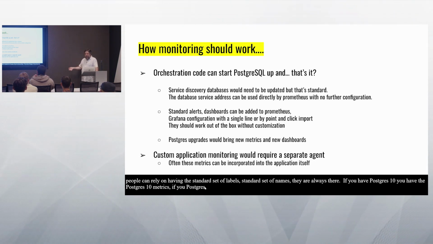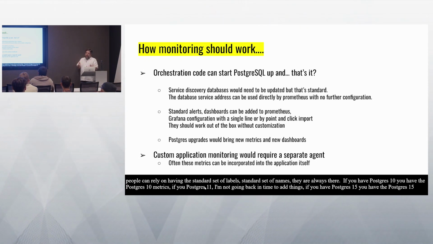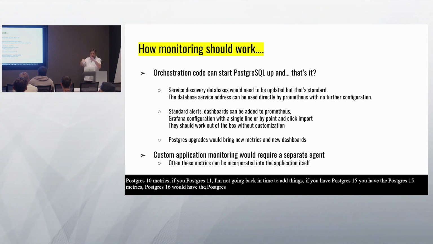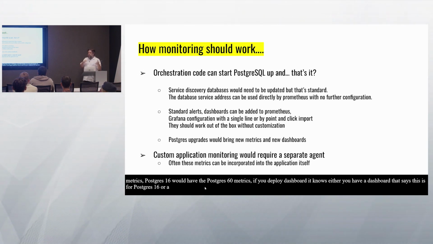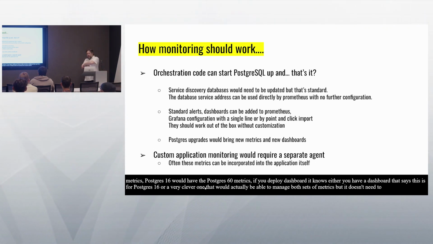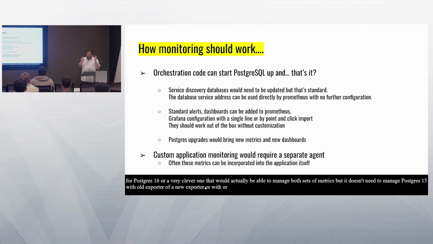Postgres 16 would have the Postgres 16 metrics, and if you deploy a dashboard, either you'd have a dashboard that says this is for Postgres 16, or you'd have a very clever one that would actually be able to manage both sets of metrics. But it doesn't need to manage Postgres 15 with the old exporter or the new exporter, or with or without your custom query, on Postgres 16 with the same queries but different data because Postgres 16 has different columns.